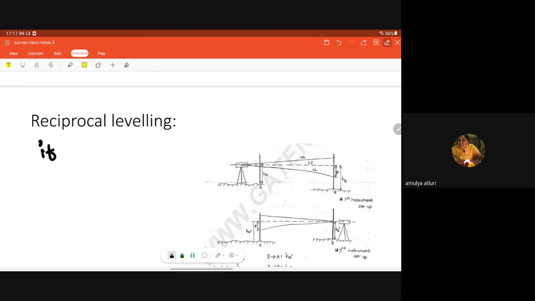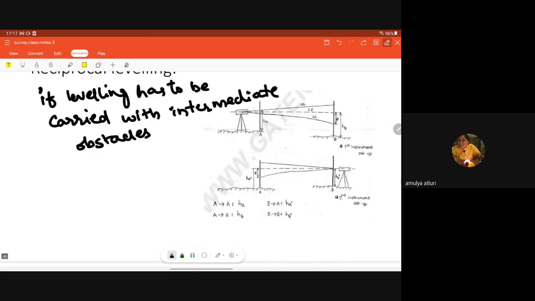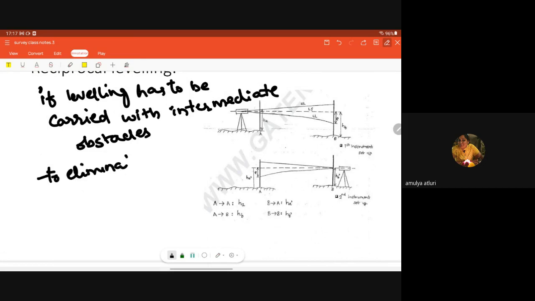If leveling has to be carried out with intermediate obstacles, to eliminate the errors we will consider this method. What are the errors which we can eliminate using this reciprocal leveling?